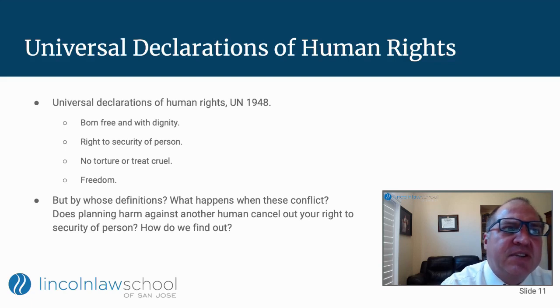And somebody's right to freedom of what they want to do, they have the freedom to do this or do that, or not to do this or do that, naturally sometimes collides with what another person's opinion of what they have the right to do or not to do. That's why in the second bullet point I put up, by whose definitions? What happens when there's a conflict? Think of 9/11. We'll get to that in a second.